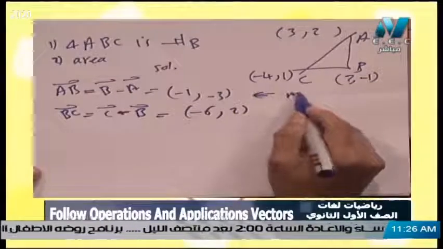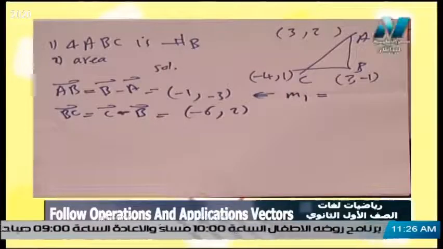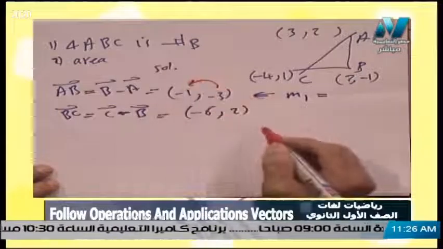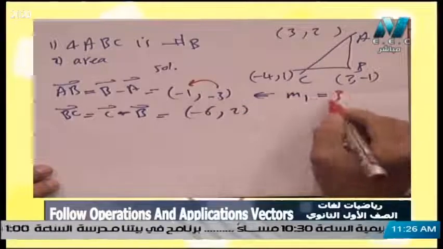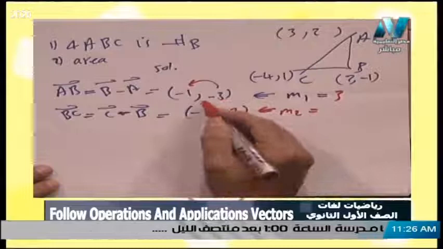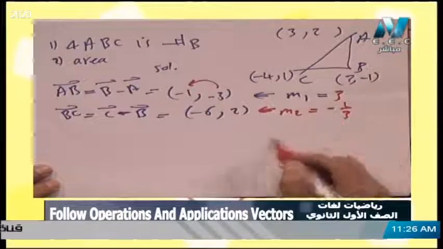And we will find the slope of the first, which is AB. The slope of the first is y over x, which is negative 3 over negative 1, which is 3. The slope of the second will be 2 over negative 6, which is negative 1 over 3.